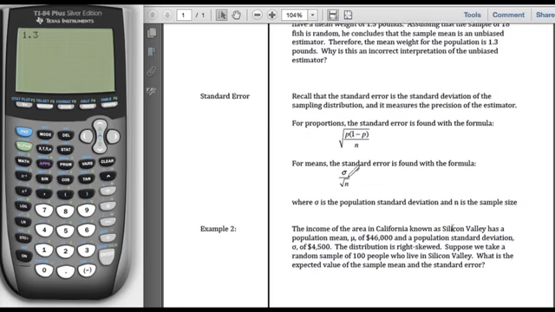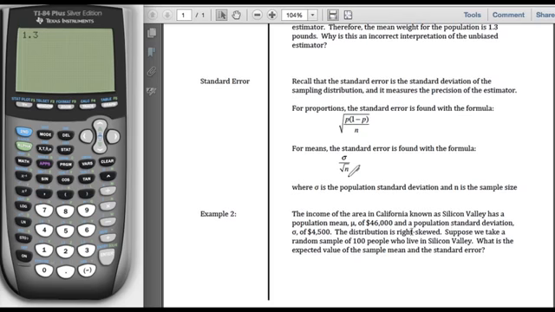To wrap up this video and to put standard error into context, let's look at example 2. It says the income in the area in California known as Silicon Valley has a population mean mu of $46,000 and a population standard deviation sigma of 4,500.